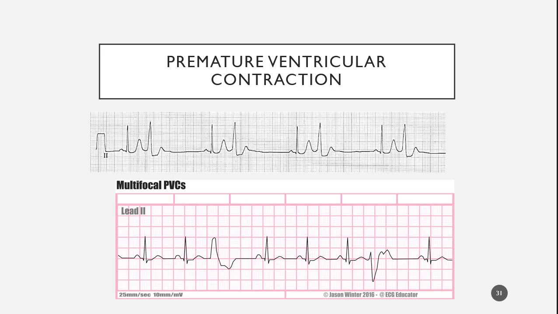With a PVC, it is starting somewhere down within the ventricle, and now it's having to spread across the ventricle and then go back up. And so that's why when you see a PVC, the QRS is going to be wider, simply because it's got a larger area that it's got to cover in order to link up with the conduction pathway. Does that help? Very good question.